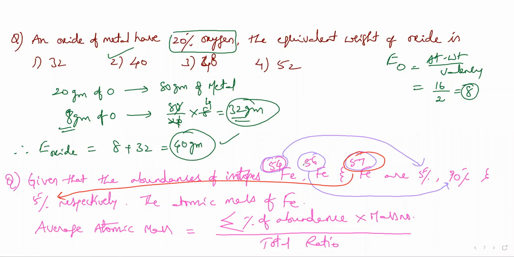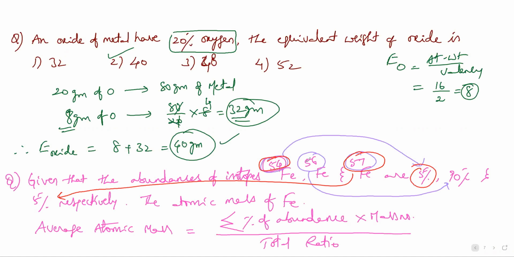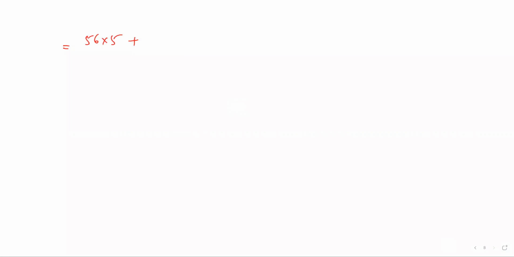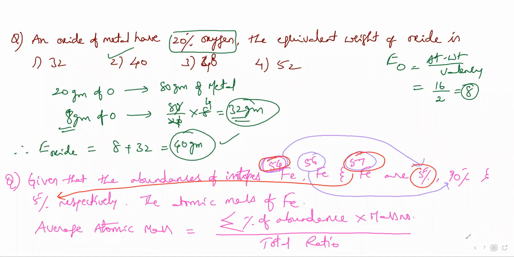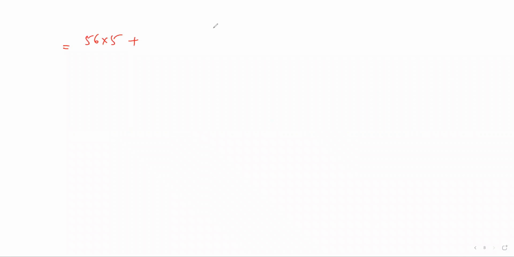So average atomic mass: first one, sorry, this is 54 into 5%. Plus next one, 56 into 90.